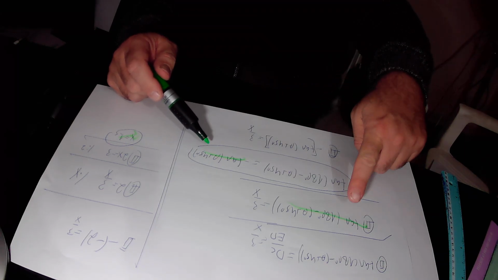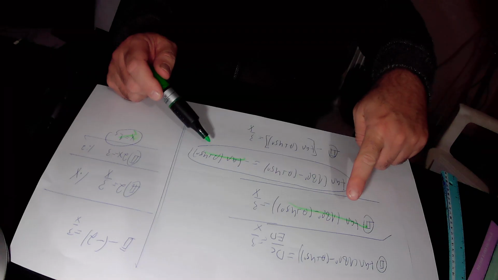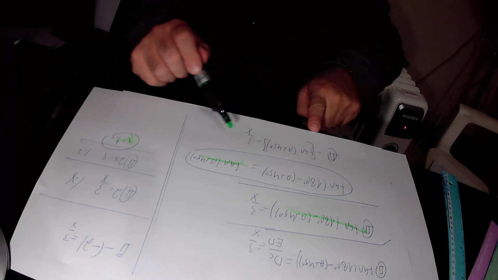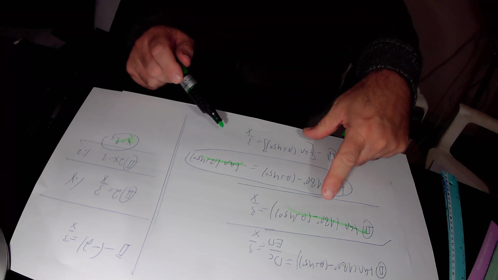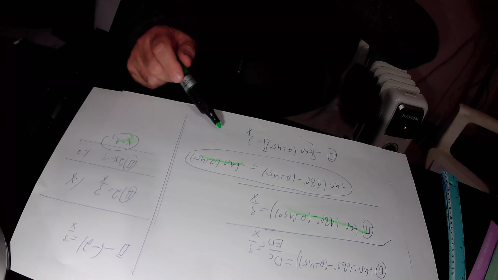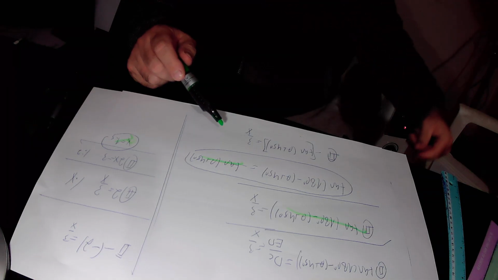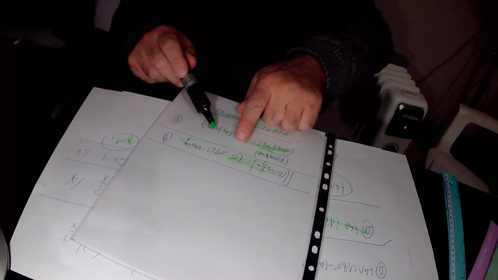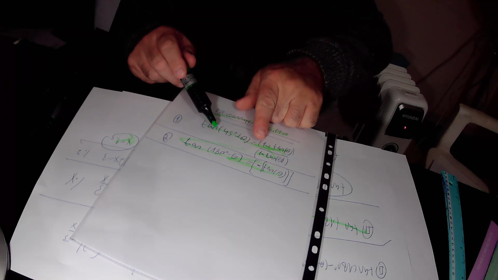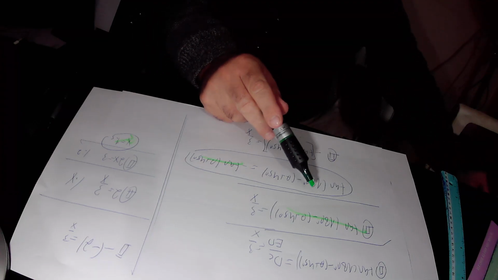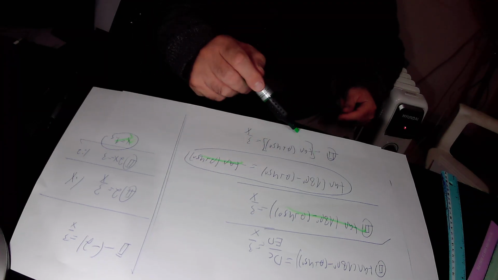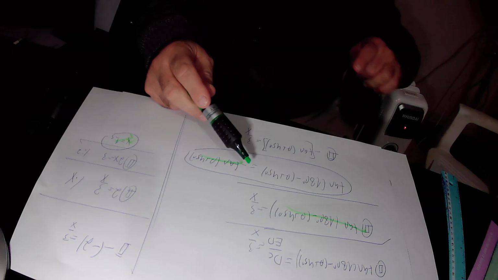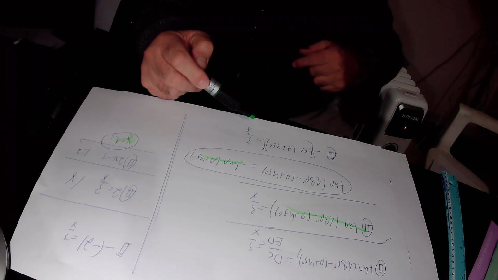Those two expressions are equal to each other according to the trigonometric identity that tangent of (180 degrees minus theta) equals minus tangent theta. And according to equation 2, it is equal to 3 over x.